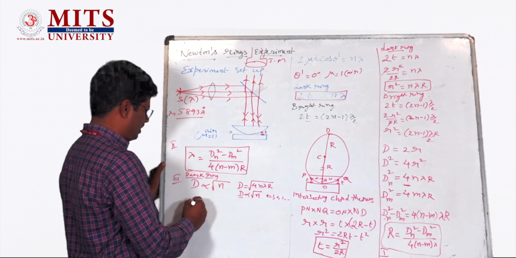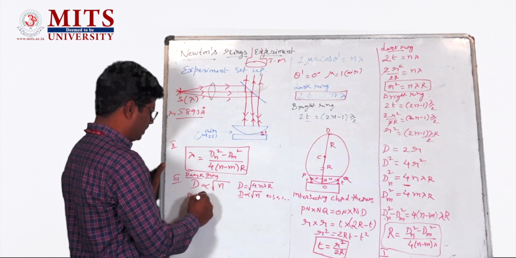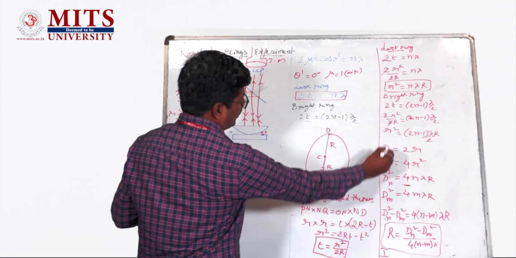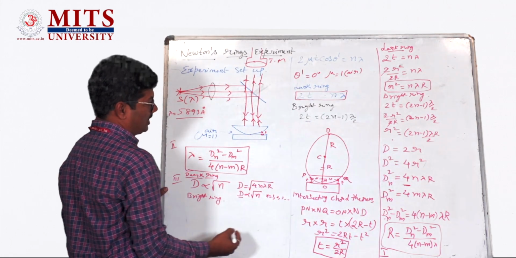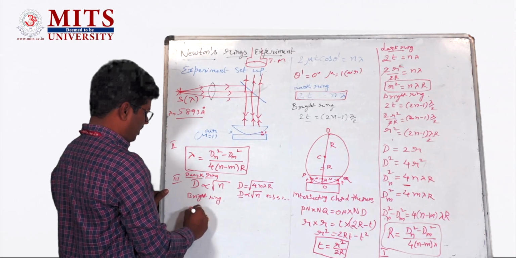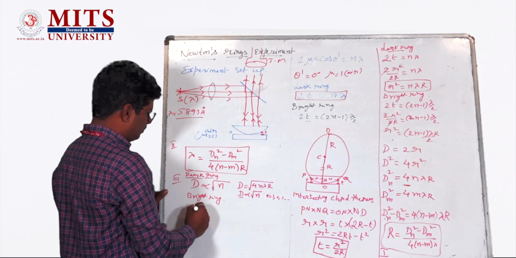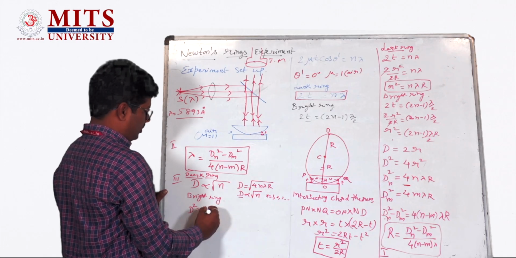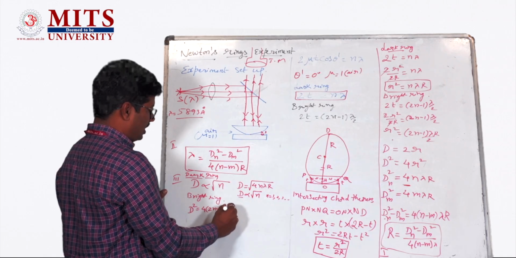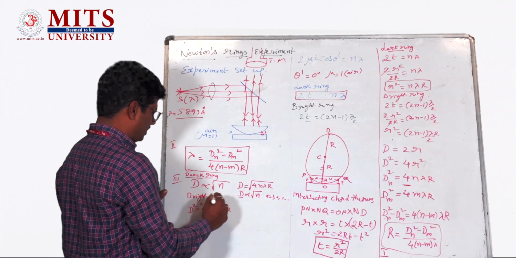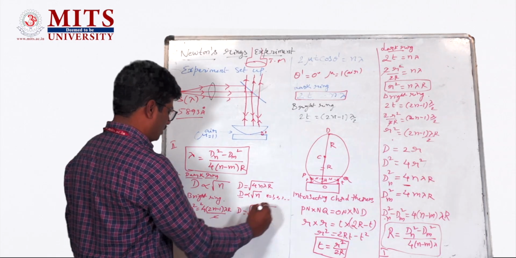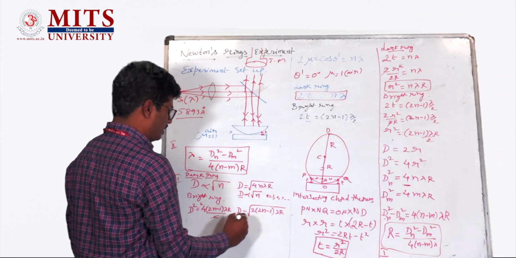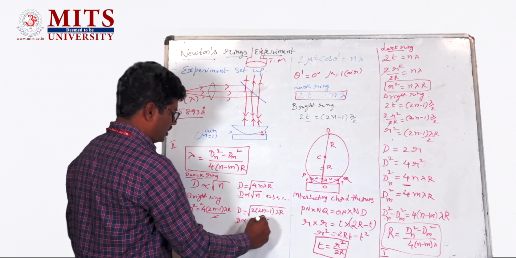Similarly, what will be the diameter of the bright ring? If you take this equation, you get D square is equal to 4 into 4 r square, so 4 into (2n minus 1) into lambda R by 2. The 2 gets cancelled, so the diameter is square root of 2 into (2n minus 1) lambda R. So here the diameter is directly proportional to the square root of (2n minus 1).